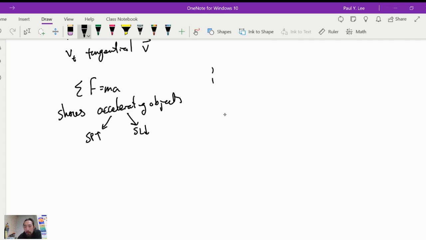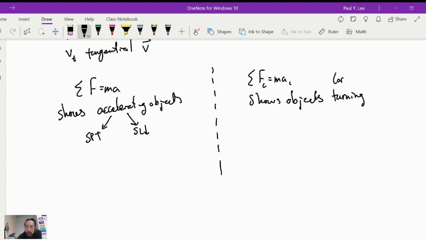However, in our new model, basically the same idea, even the strategies and techniques to solve it are the same. It shows objects turning, and I'm going to write the word accelerating above it, because both cases show objects that are accelerating, but we're just calling it turning for now.